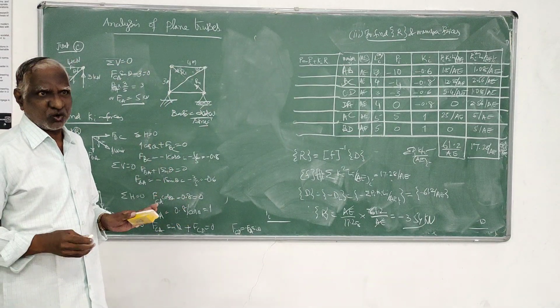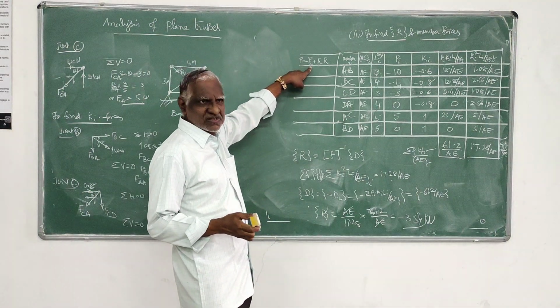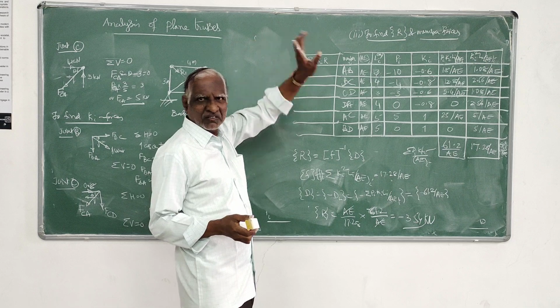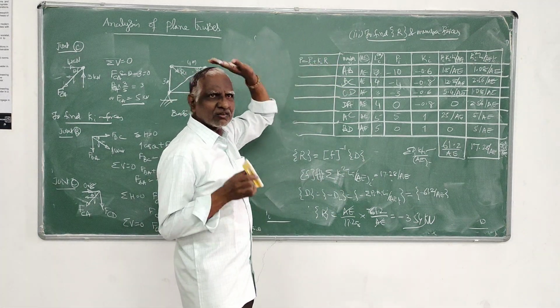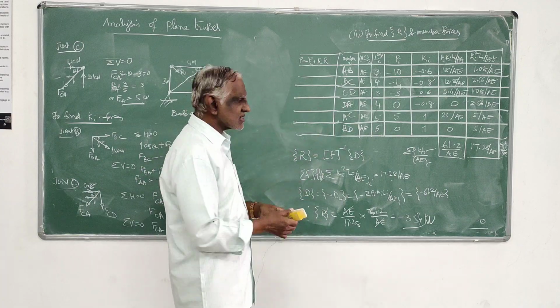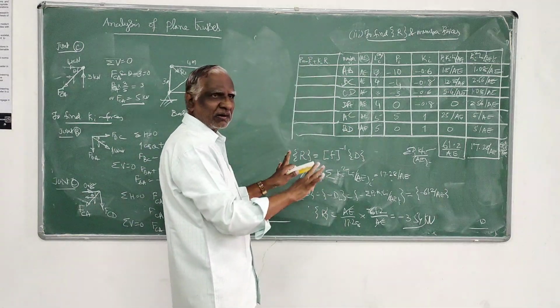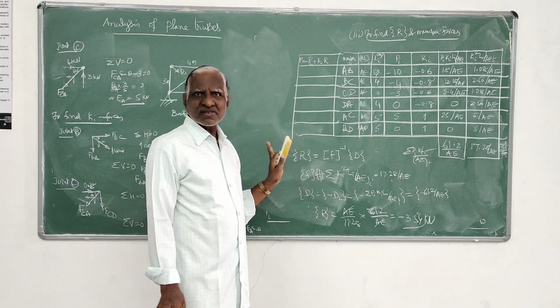That is the final force. Final force is Pi force plus unit force into redundant, whatever you have determined. That you have to add together. That will be the actual forces in all the members. So this last column, if you complete, then the analysis of stress is over.